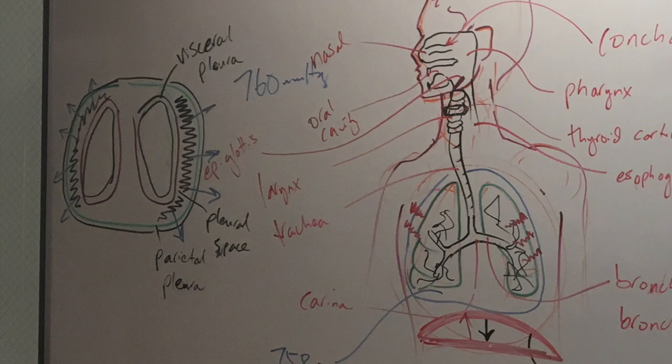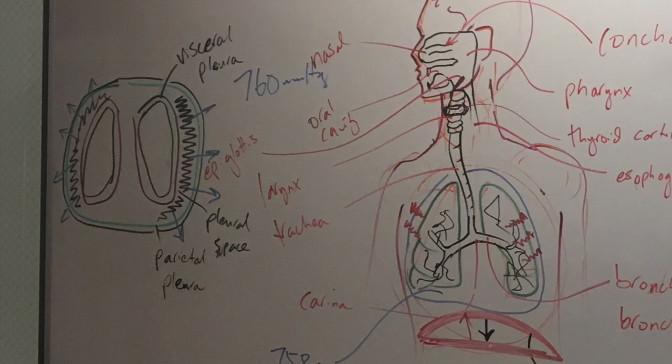So again, this is the thoracic cavity, and that green layer, that's the pleura that coats the inside of it, and then the lungs are in black here. The visceral pleura, that's the layer of connective tissue that encases the lungs. Now there's a space between the parietal pleura and the visceral pleura.